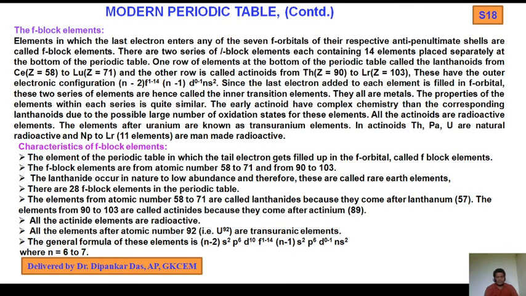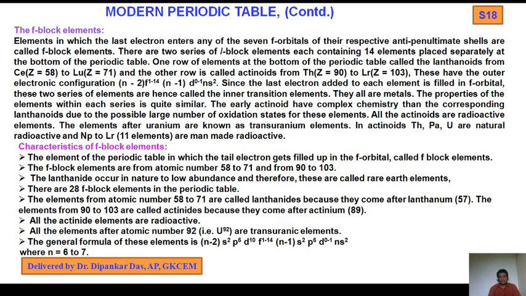The general formula of these elements is (n-2)s2p6d10f1 to 14 (n-1)s2p6d0 to 1 ns2, where n equals 6 to 7. So this is the characteristics of f block elements.